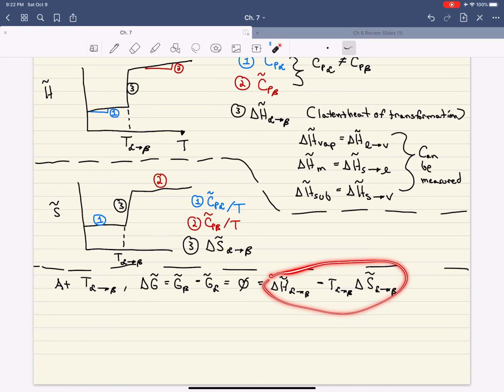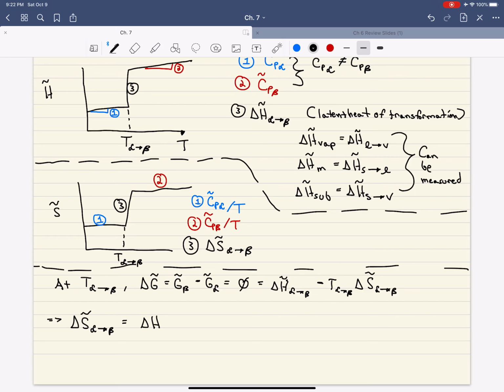Since delta G is equal to 0, we could rearrange this equation so that we get delta S, the change in entropy as we go from the alpha phase to the beta phase, equal to the change in enthalpy divided by the transition temperature.